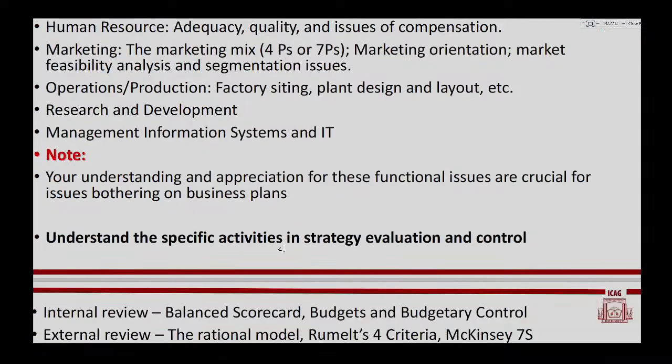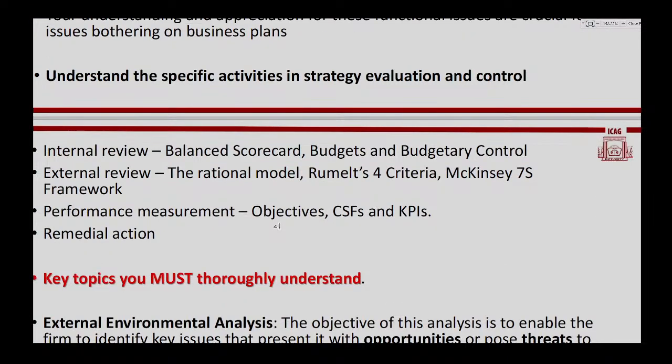Now, when it comes to strategic evaluation, remember I told you at the top that you must establish your financial success, which is using your critical success factors or key success factors, and then your key performance indicators, right?